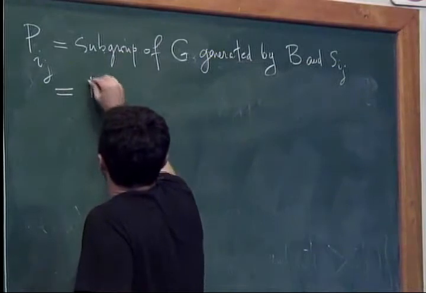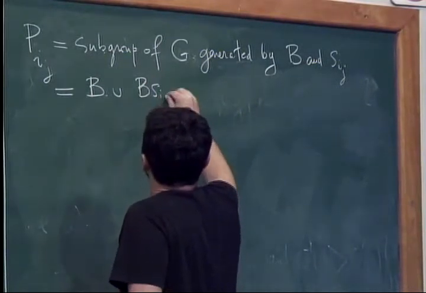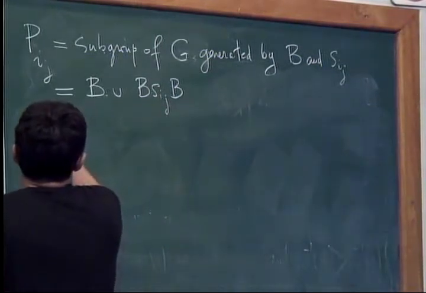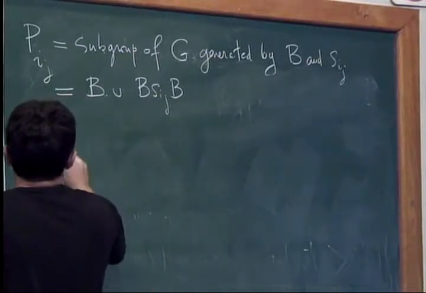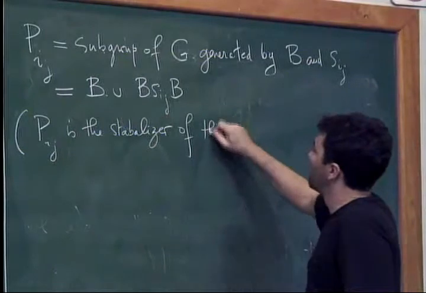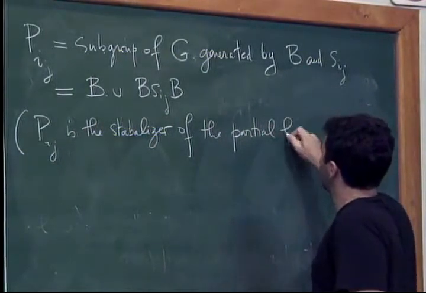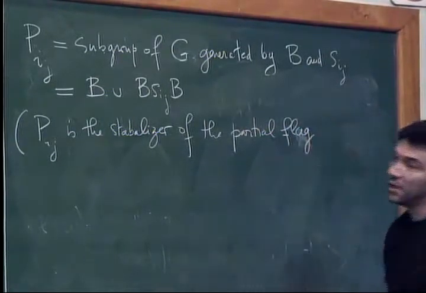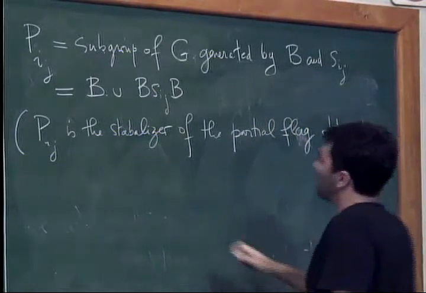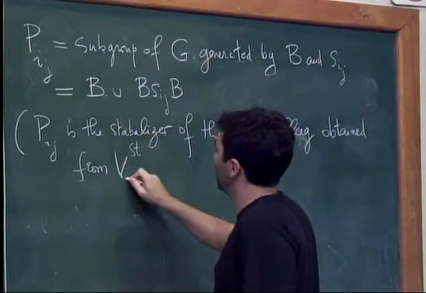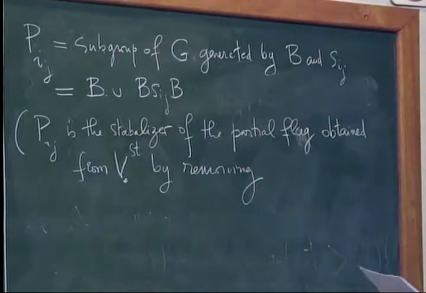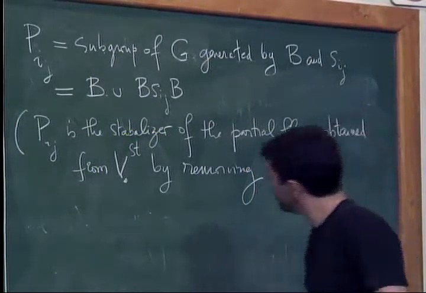One can check that this is nothing but B union B s_i B. Geometrically, P_i is the stabilizer of the partial flag, partial meaning that some of the vector spaces are missing, obtained from the standard one by removing the i-th one.